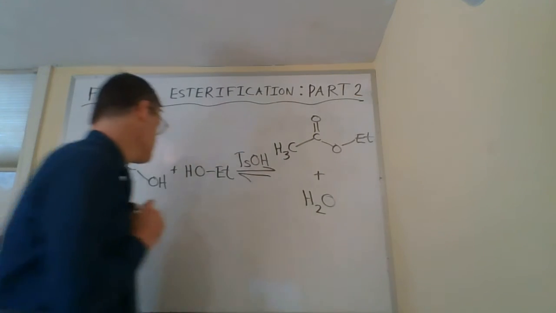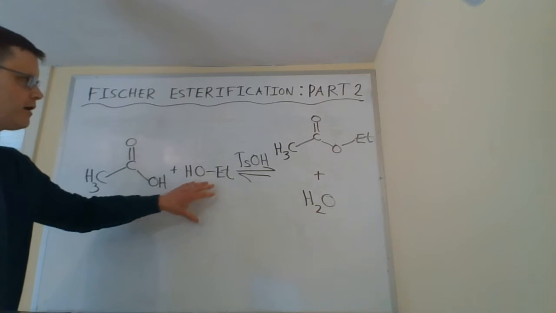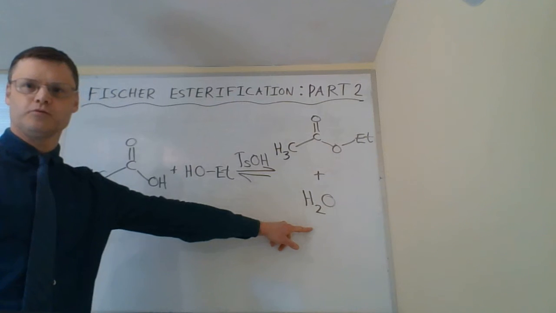All right, so acetic acid or carboxylic acid plus ethanol, our alcohol, forms ethyl acetate, our ester, plus water.